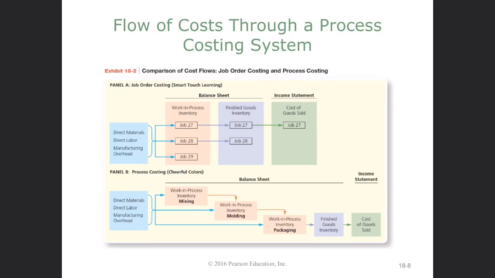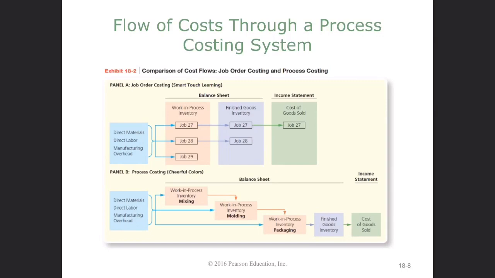And then once we have mixed everything, we're then going to mold it. It's still in a work in process account because we're still working on the product. But we've broken it down into the mixing process, the molding process, and the packaging process.